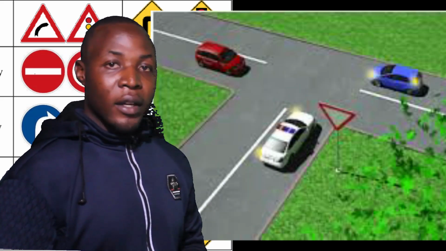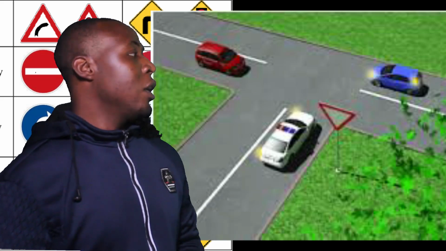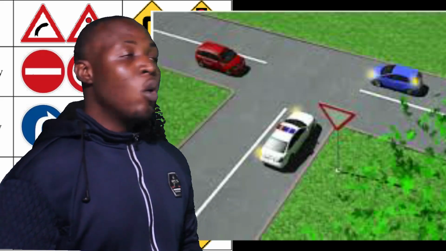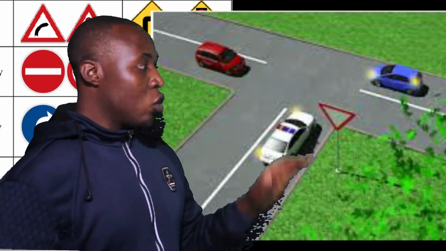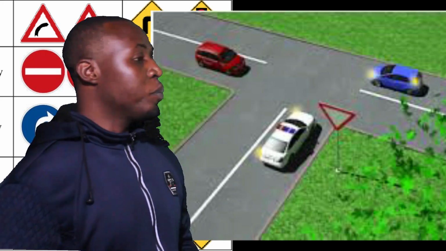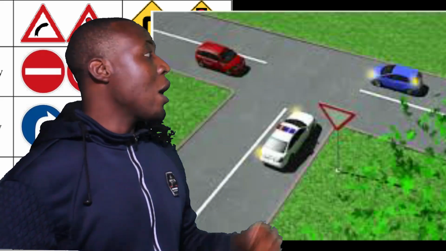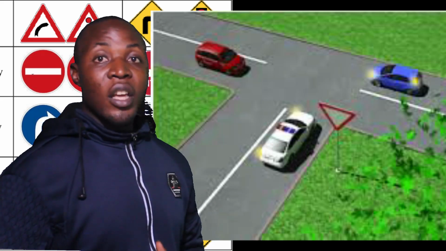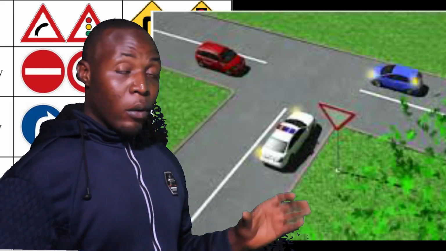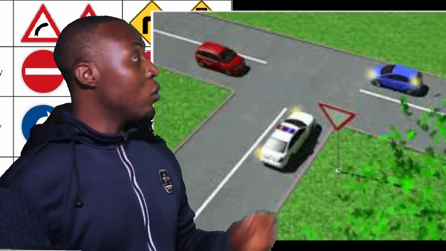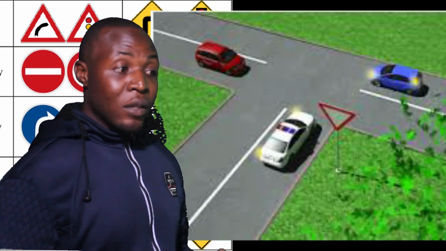Then we have the red vehicle which is passing. Then we have the white vehicle which is entering the T-junction. In this situation, the red vehicle has to pass first, because the red vehicle has the priority sign which gives it priority over that junction. So the red vehicle has to pass first.